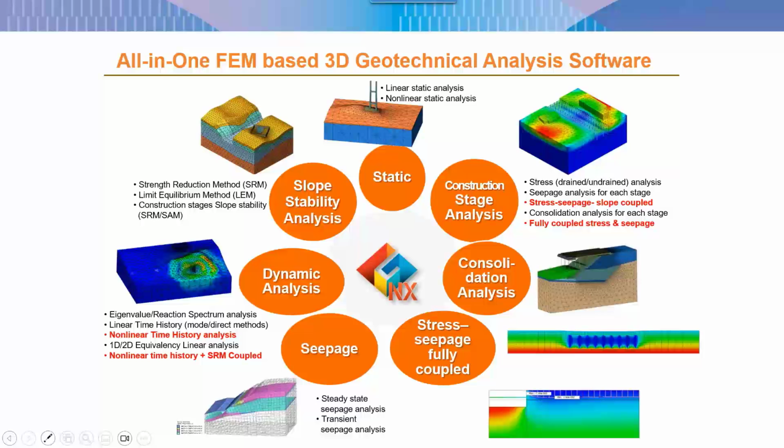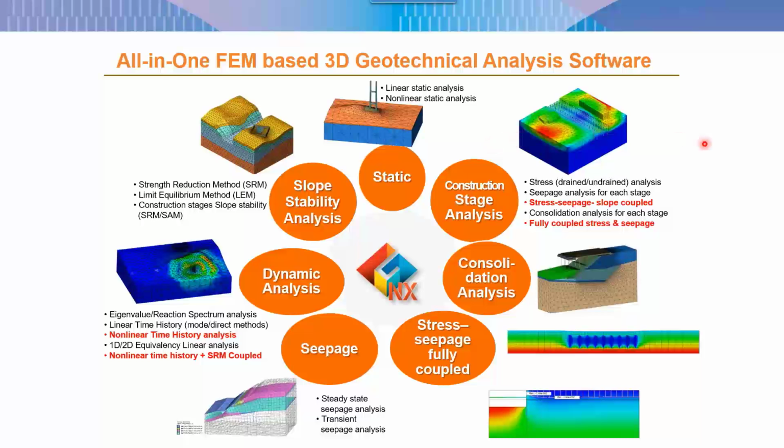Next is the coupled analysis. GTS supports both semi-coupled and fully coupled analysis. Then we have the consolidation analysis for soft ground, and to support that, we have materials like soft soil, modified Cam clay, etc. And finally, if we combine all of the analysis types, we will end up with the construction stage analysis.